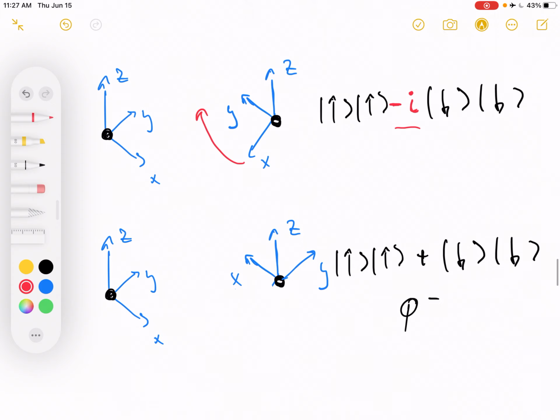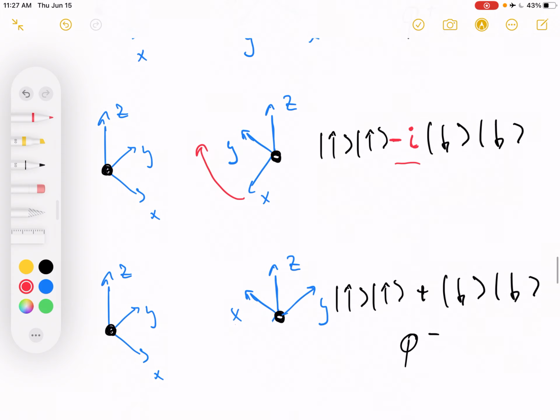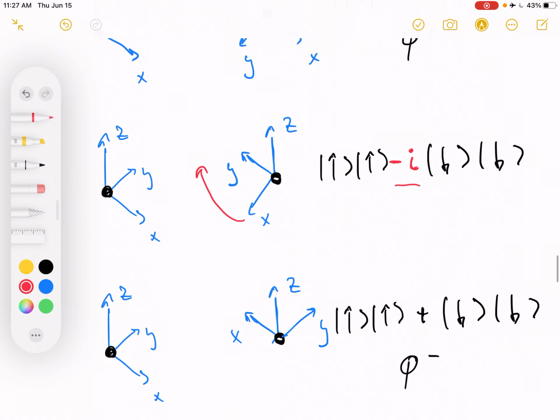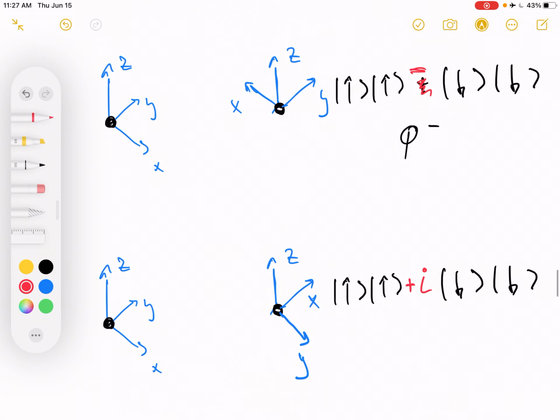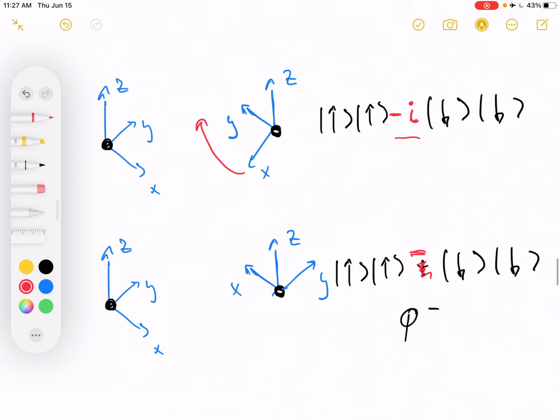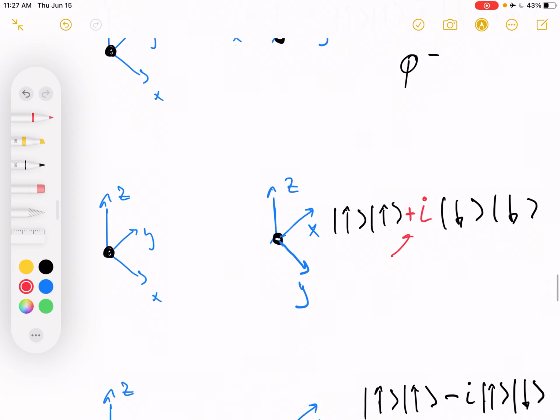We rotate it further, we get phi minus: up, up, minus down, down. We rotate it even further, we get the up, up, plus i, down, down state. So we are just performing the rotation in the xy plane.